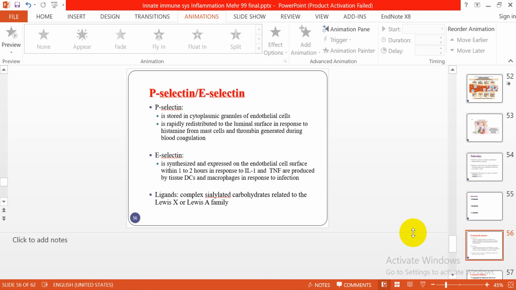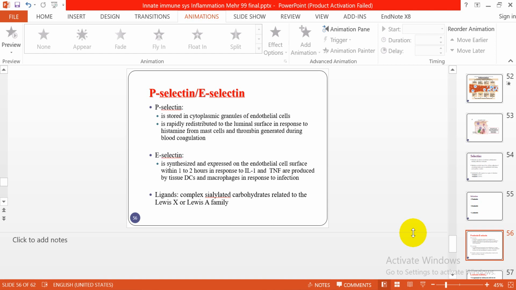But E-selectins are not synthesized in normal conditions, and after the production of interleukin-1 and TNF-alpha by the dendritic cells and macrophages in response to pathogens, the synthesis of E-selectin is initiated, and it is expressed on the endothelial cell surface.